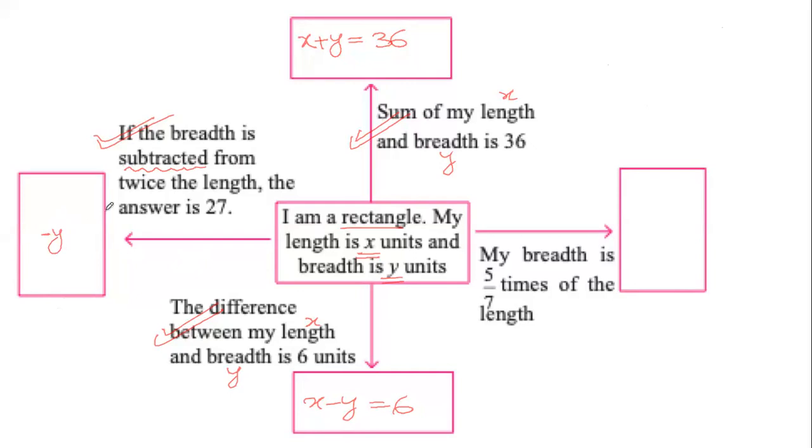It is subtracted from twice the length. Twice means two times. Two times means 2 into L or 2 into x, where length is equal to x. The answer is 27. Please confirm. Very easy.